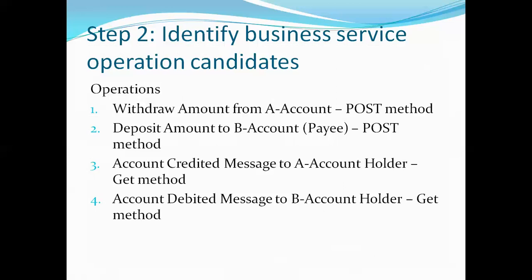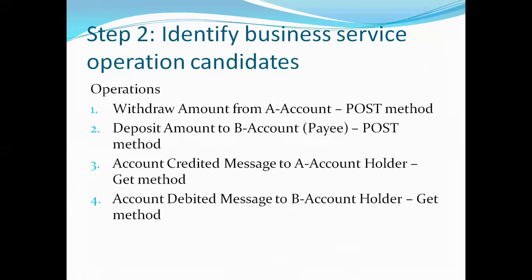Then the account credited message to the A account holder. So send the account credited message. So for that, request response, so the get method. So retrieving the balance and credited message to the A account holder, and then send the debited message to the B account holder.